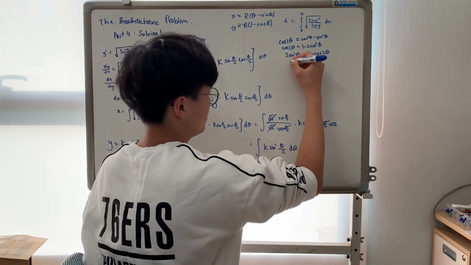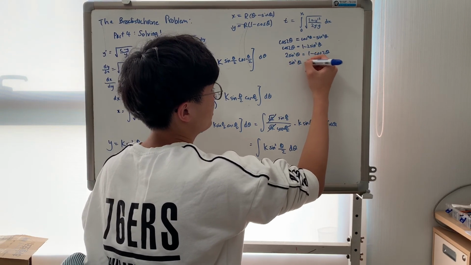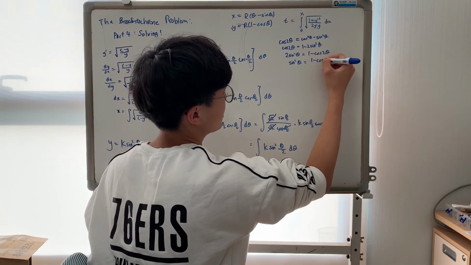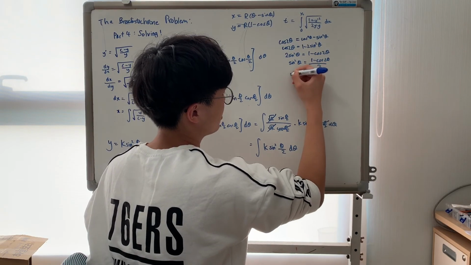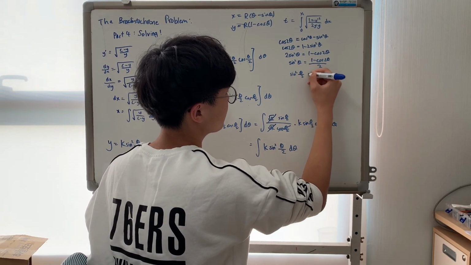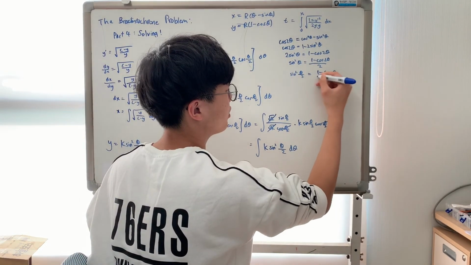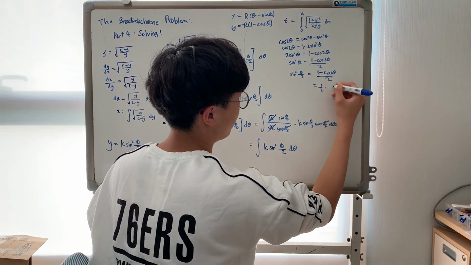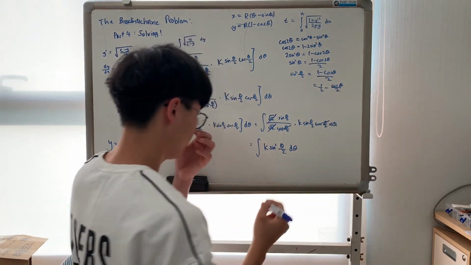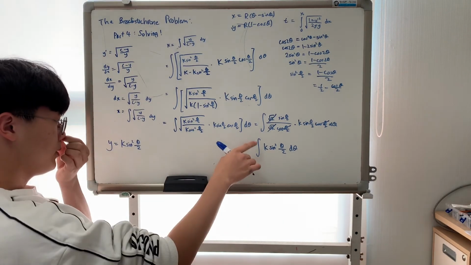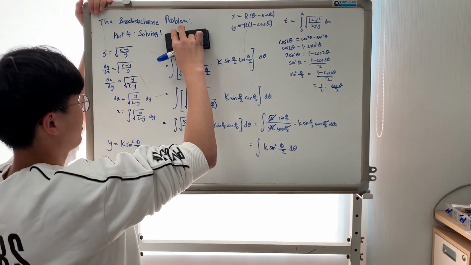And so sine squared theta is equal to 1 minus cosine of 2 theta over 2. So sine squared of theta over 2 is equal to 1 minus cosine theta over 2, which is 1/2 minus cosine theta over 2.